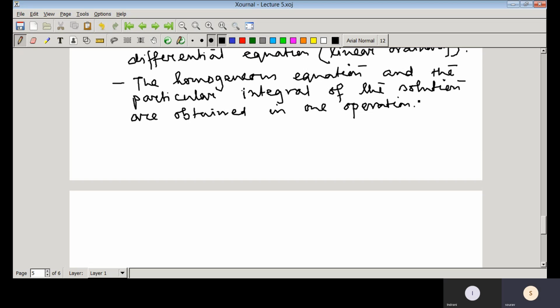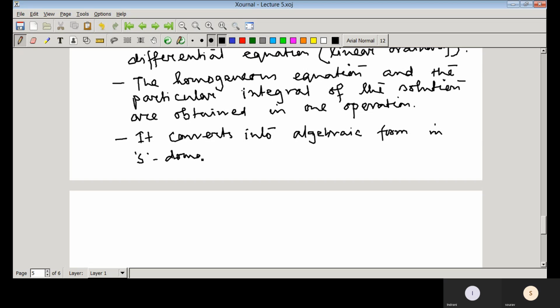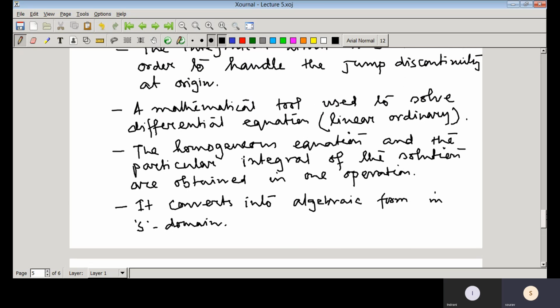And it converts into algebraic form that we have discussed. So then it is very helpful. Whenever an integral differential equation is converted into algebraic form, it is very easy to handle. And I have already pointed out that the initial conditions are automatically included via that transformation. So these are all important features of the Laplace transform.